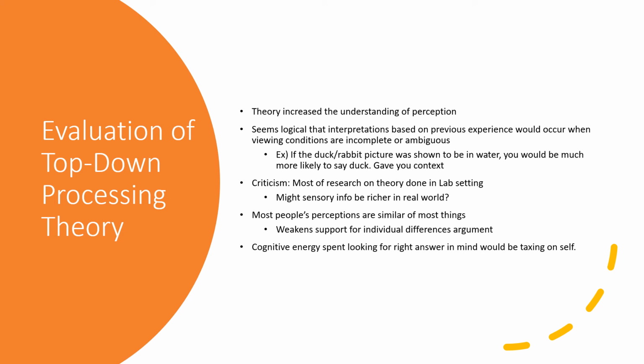So in terms of evaluating top-down processing, the theory really increased the understanding of perception. It does seem logical, especially based on schema theory, that interpretations based on previous experience would occur when viewing conditions that are incomplete or ambiguous.